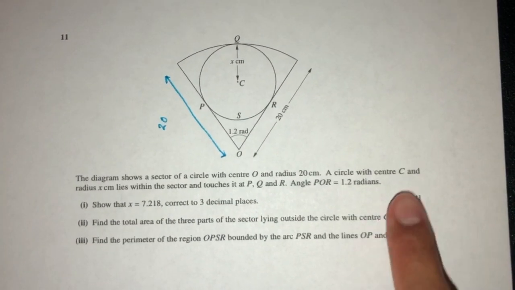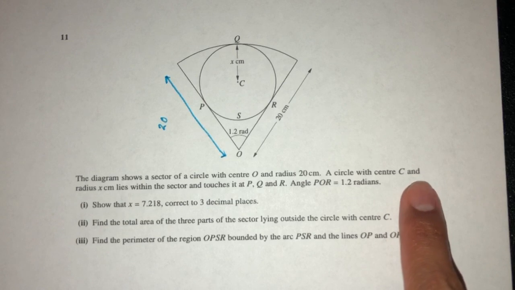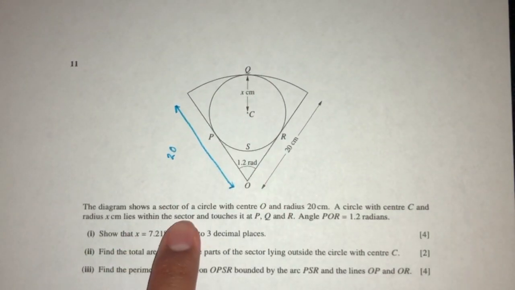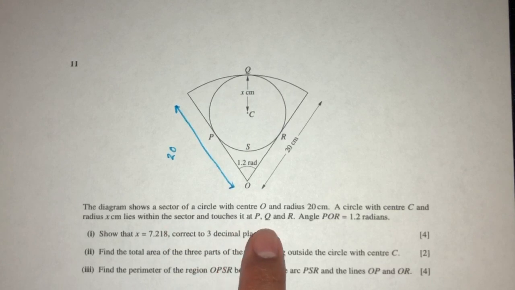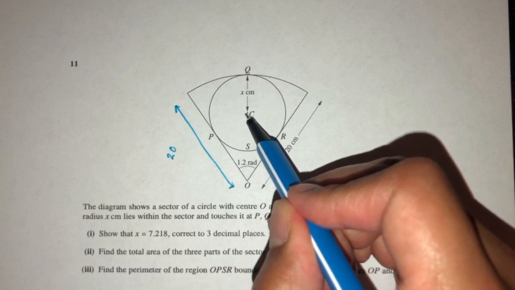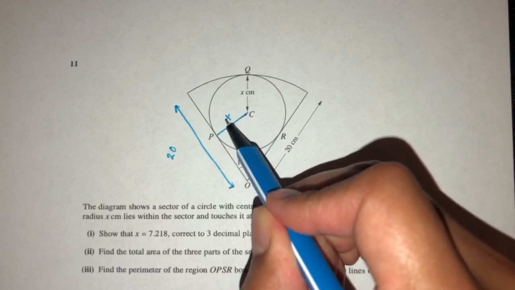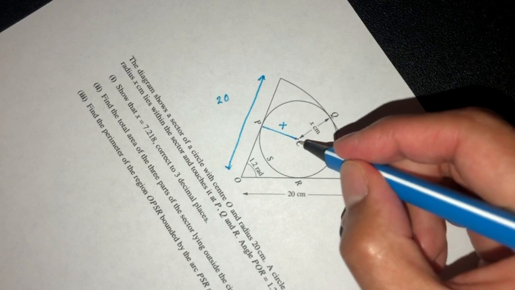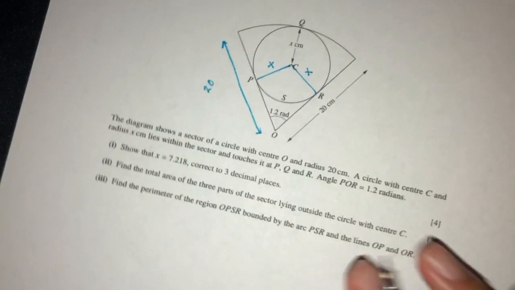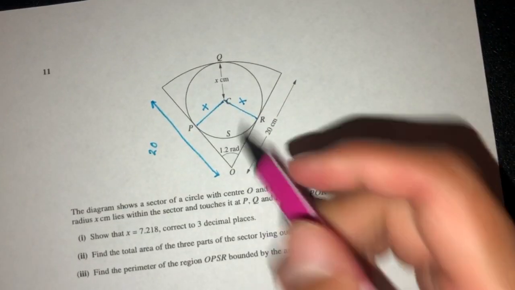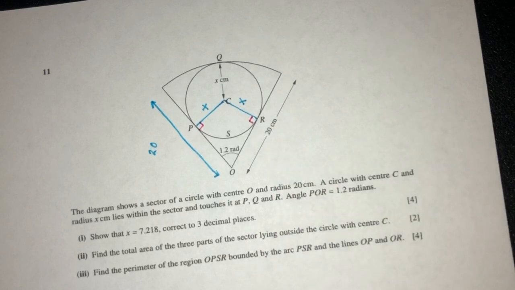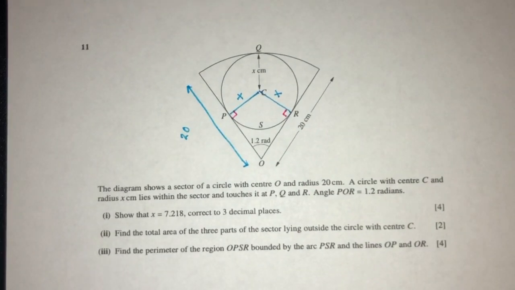A circle with center C and radius x, right here x, lies within the sector and touches it at P, Q, and R. So if you were to join C and P, it is also x, and C and R is also x. I hope that makes sense. And obviously, since they only touch, this will be 90 and 90. Okay, now let's move on.